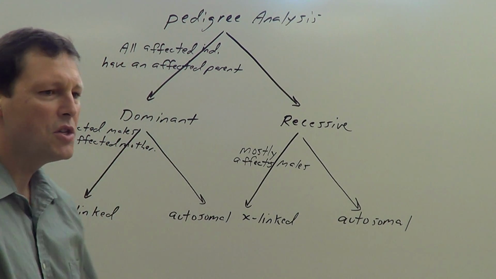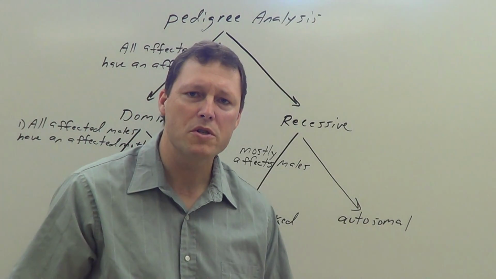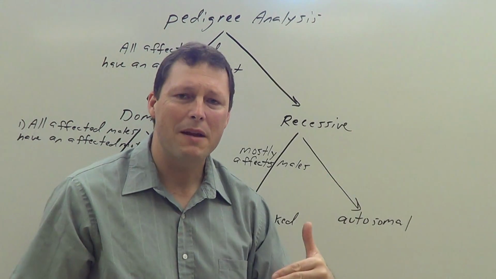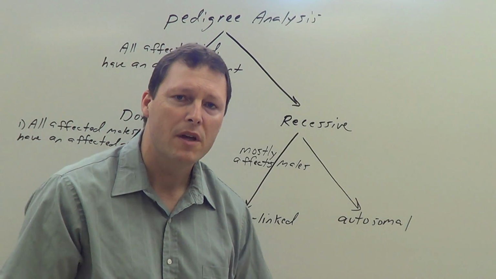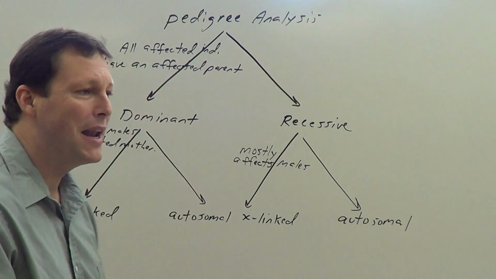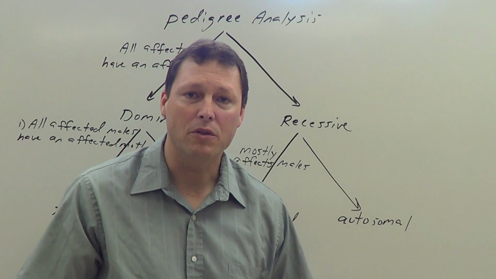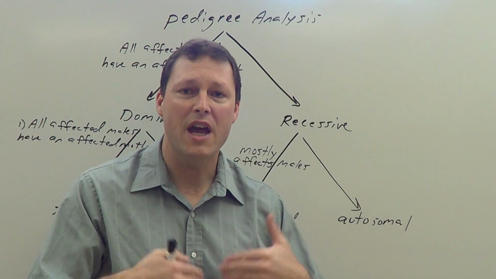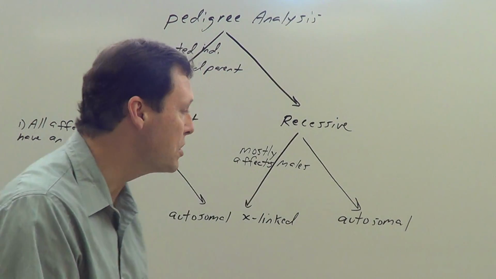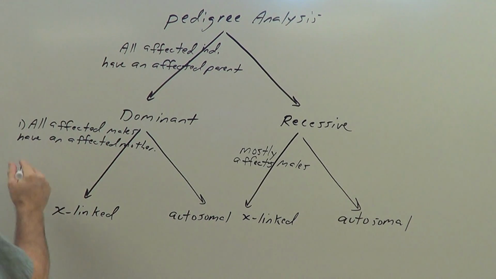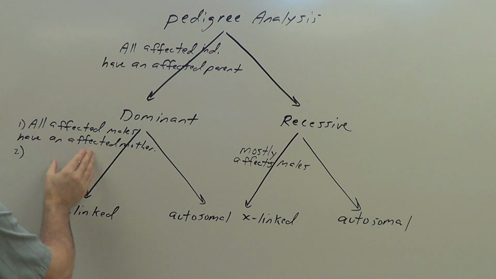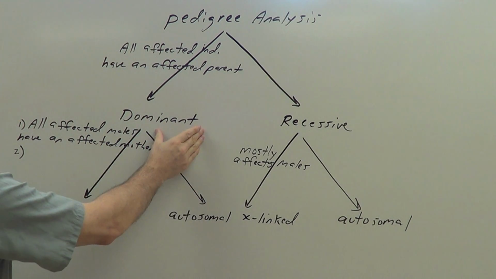And the reason for that is because males only have one X chromosome. So if mom gives them that bad X chromosome, they're going to have that particular trait. Now dad can't give that bad X chromosome to his son, because dad only gives the Y chromosome to his son. If this is true, then we're going to go on to the next criterion. If this is false, then we're going to go with autosomal dominant.